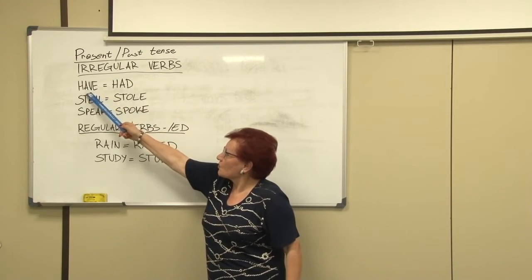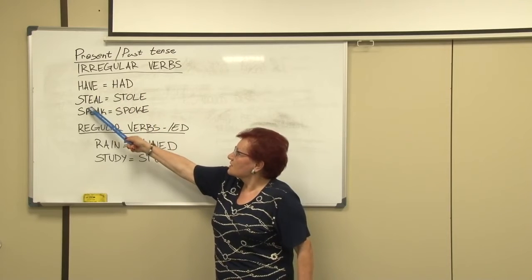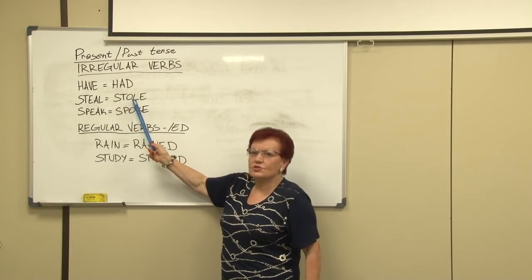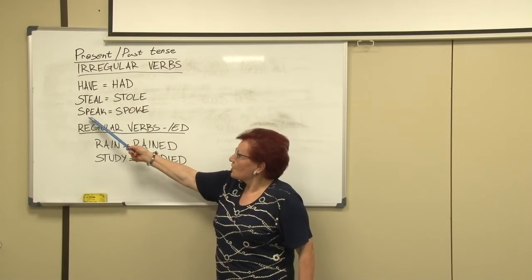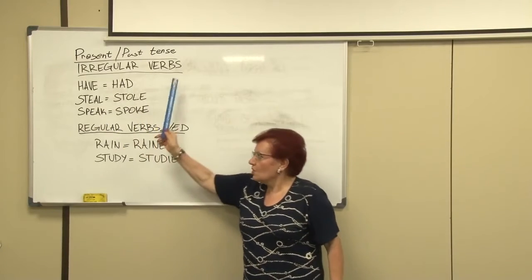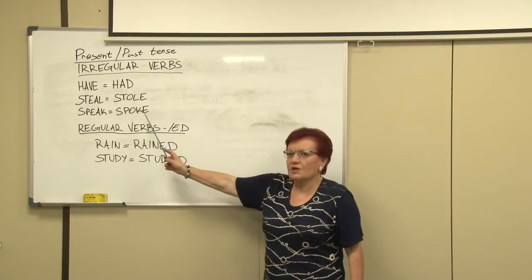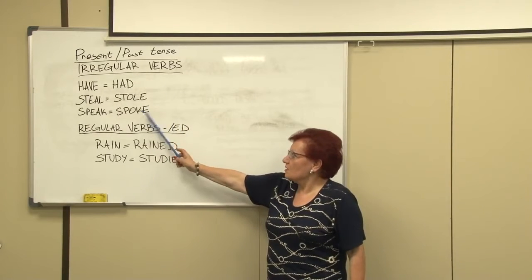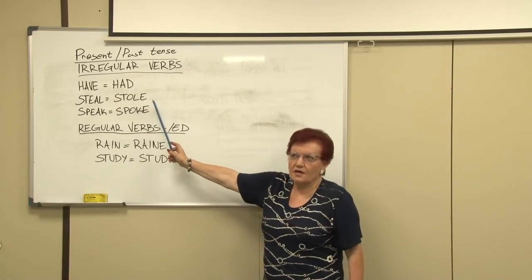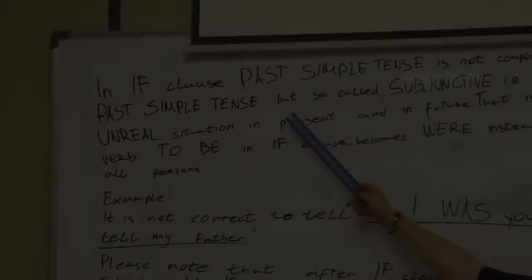So have in present is had in past simple tense. Steal becomes stole. Speak becomes spoke. So that is why irregular verbs can be learned properly only with repeating, reading through materials and learning by heart.